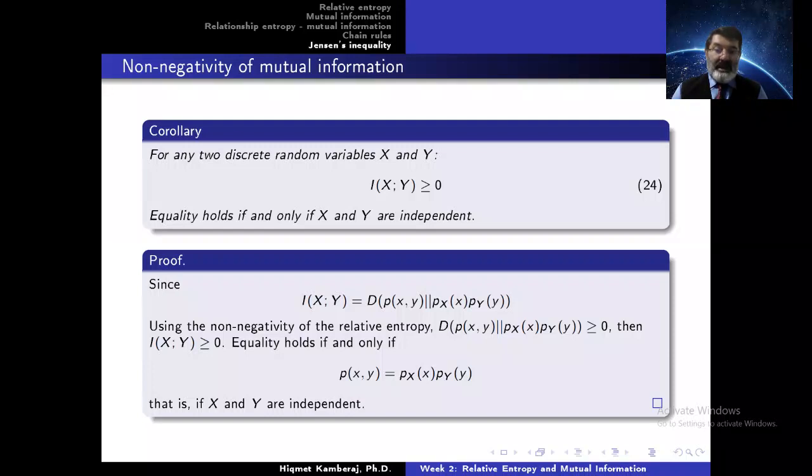Then this implies that the mutual information between X and Y is greater or equal to 0. Equality holds if and only if p of x and y is equal to p of x times p of y. But that is if X and Y are independent, which is the proof of the second part of the theorem.